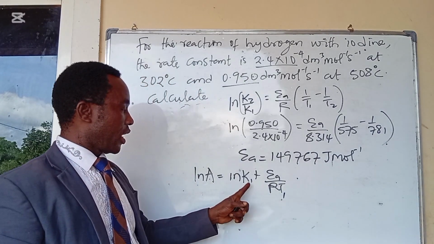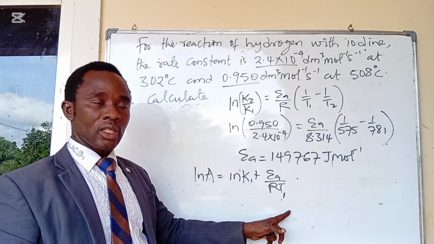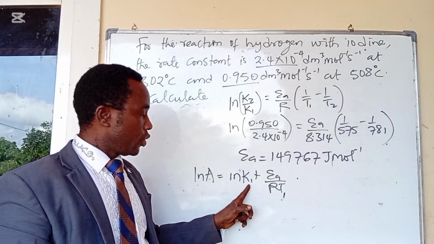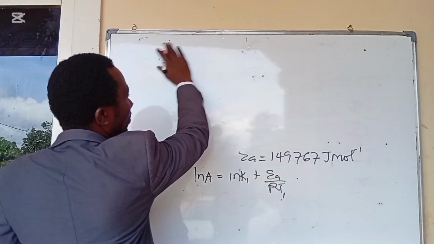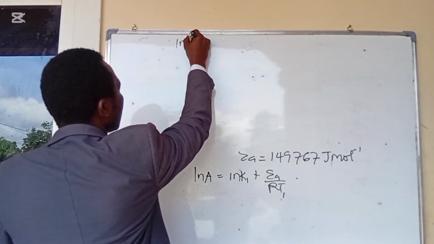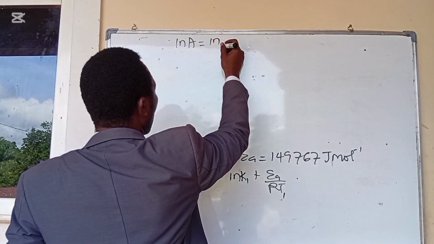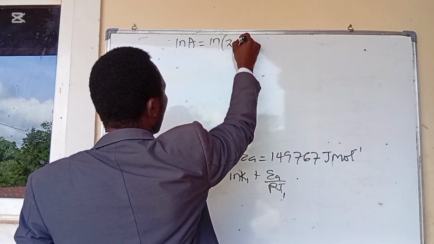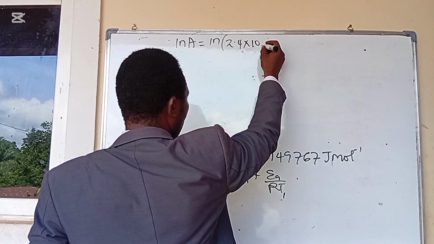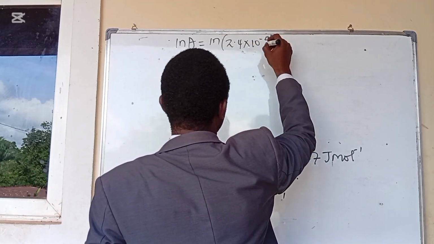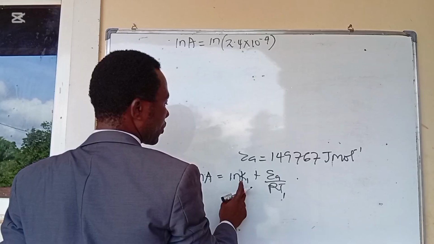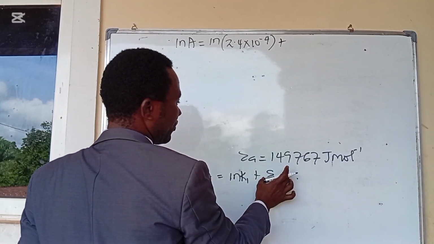If you are using K1, you use T1. If you are using K2, you use T2. So ln A will be equal to ln of K1, which is 2.4 times 10 to the minus 4, then plus our activation energy.